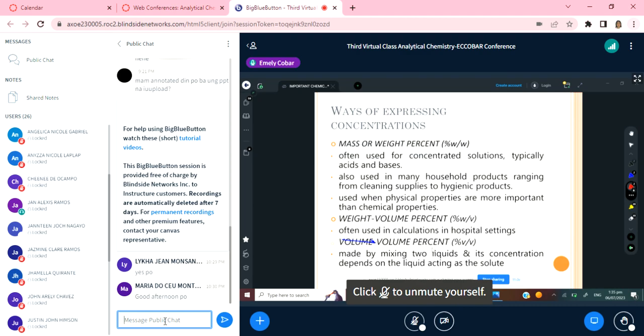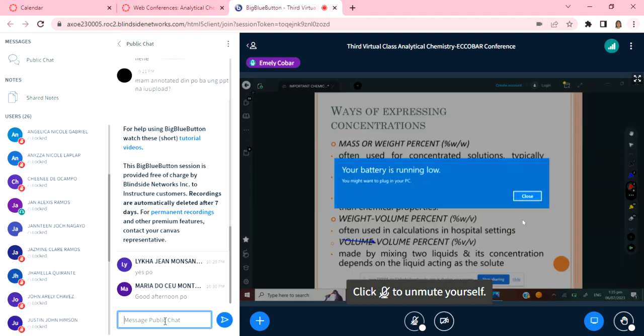Ibig sabihin, class, pag bumili ng acids and bases sa laboratory in bulk, malalaking lalagyan, hindi normality or molarity ang concentration na makikita mo, kung hindi mass percent.